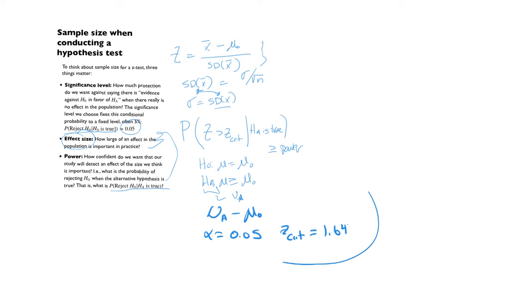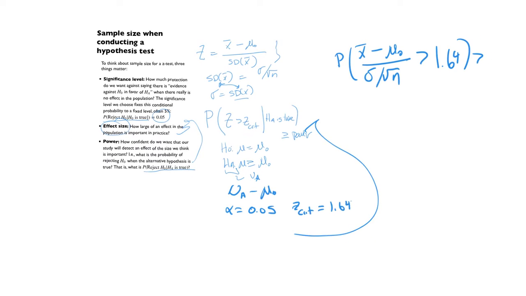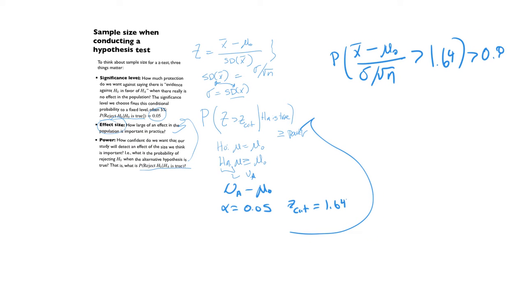So one would plug these things back into here, and you'd get the probability that x bar minus mu0 over sigma over the square root of n is greater than 1.64 would be greater than the power. So what do we choose as power? It's often chosen as 80% or 90%. I'll just choose for now 0.80.